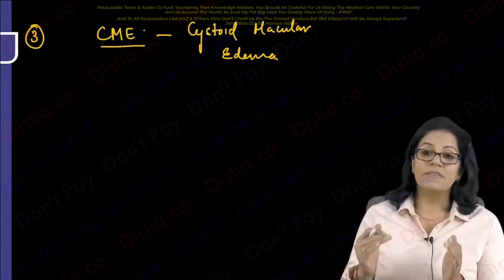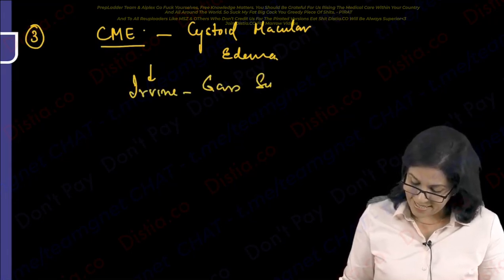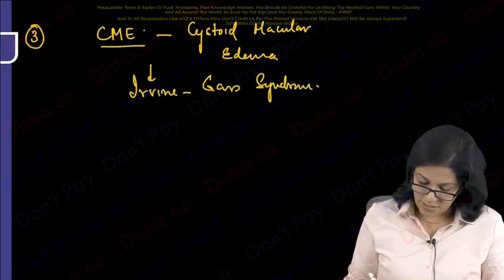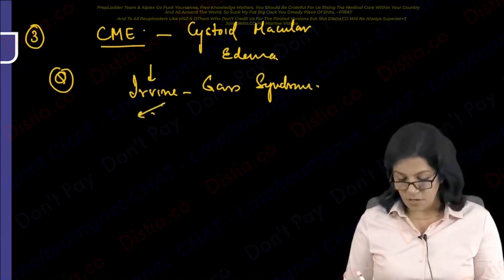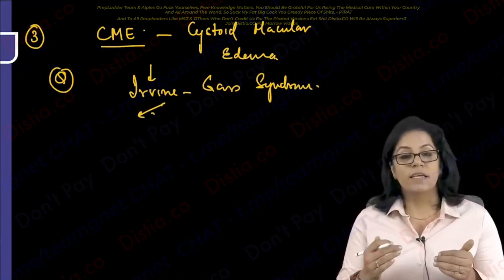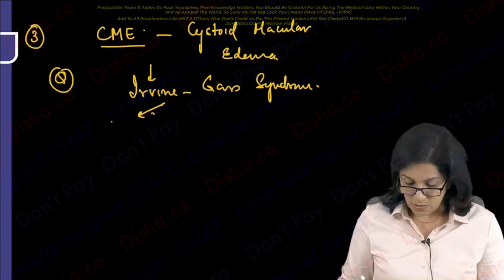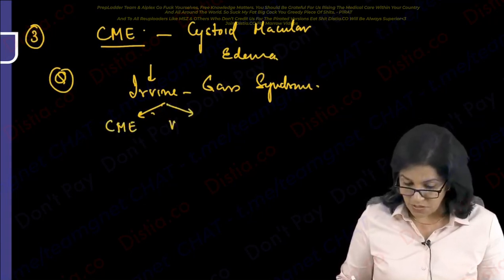So any CME after cataract surgery, what do you call it? Irvine-Gass syndrome. Right? This is important. What is Irvine-Gass syndrome? What is happening here? If there is any vitreous loss, that causes cystoid macular edema, and it will also lead to vitreous touch.